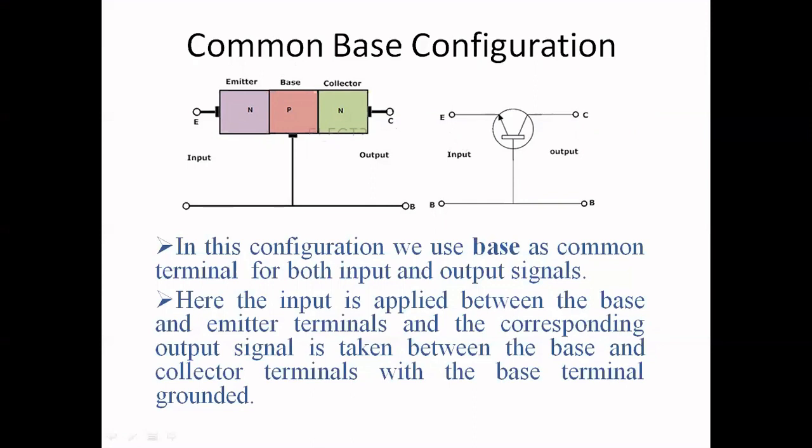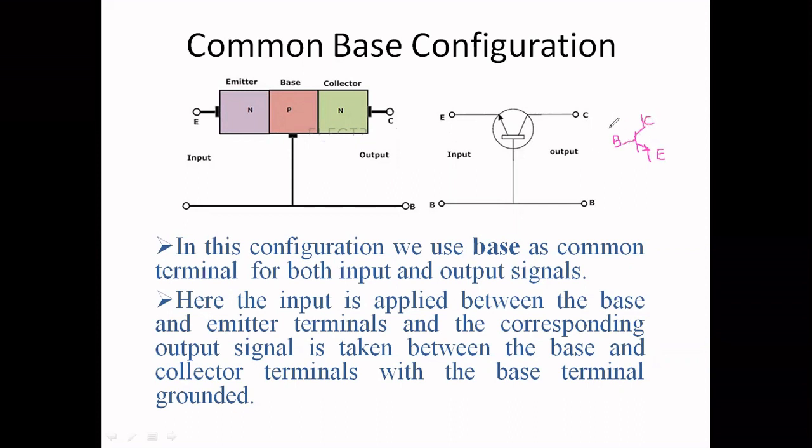As you already know, for an NPN transistor, the symbol has the arrow mark always moving away from the base. Wherever you see the arrow mark, it is the emitter. This is the collector.